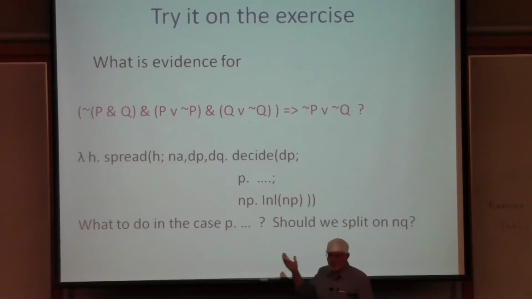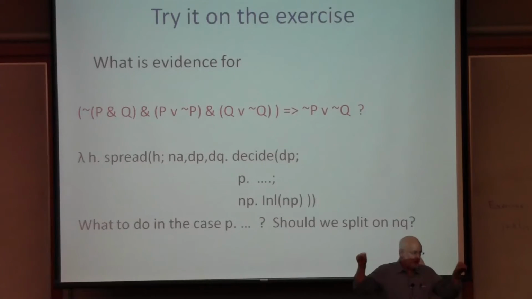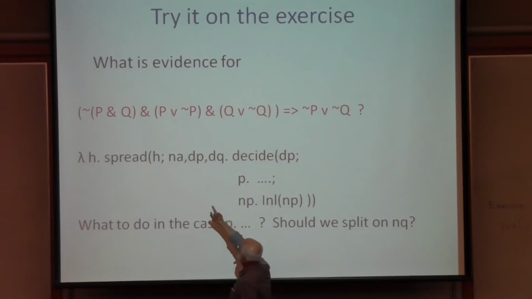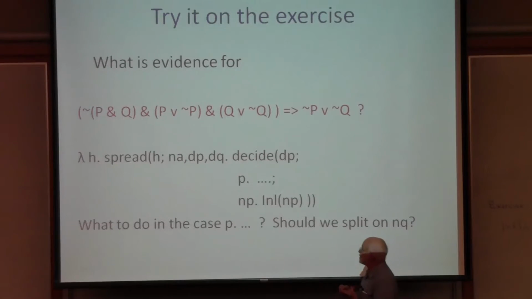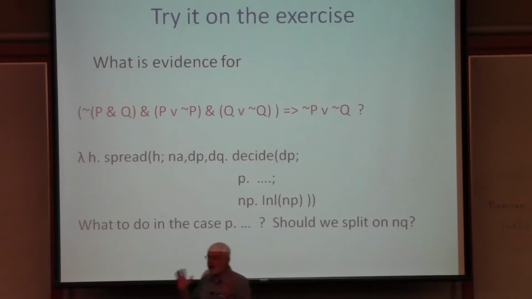So the first thing you're going to want to do to get at those components is spread h apart into its 3 bits. So you say, okay, spread h, and then you're going to get, and I tried to name these things mnemonically, you're going to get not and. So that means it's not the case that P and Q. Then you're going to get decidable P and decidable Q. Fairly good mnemonic names, right? So that's what you've got as your components of the hypothesis.